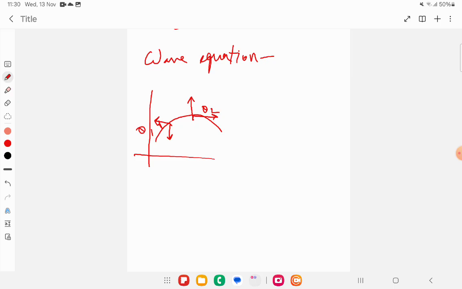This one is Ft, this one is F1, this one is F2, and this one is Ft.